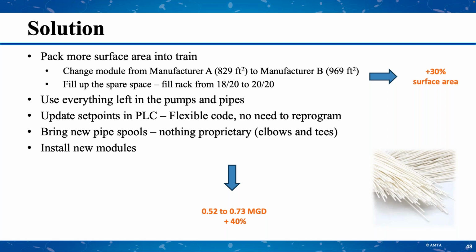So, we're not talking anything proprietary. There's no proprietary fittings and molded parts that you have to buy. We're talking elbows and tees. And then we installed a new module. So between the surface area increase and another 10% left in the pump, and then maxing out everything in there, we got a 40% increase of the plant capacity.